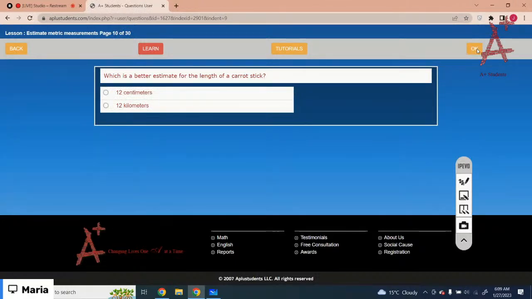Which is a better estimate for the length of a carrot stick? 12 centimeters or 12 kilometers? It would be 12 centimeters. Got it?